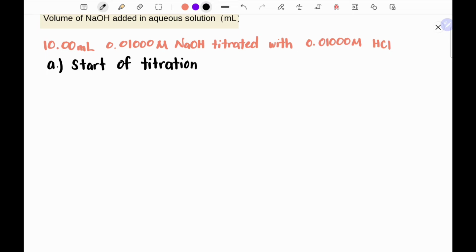At the start of the titration, there really is nothing there to contribute to the pH aside from sodium hydroxide and water. In this case, the acidity or basicity of water is negligible because we have a strong base in the system, so let's conveniently ignore water for this time. Since sodium hydroxide is a strong base, all of it will be converted into ions.